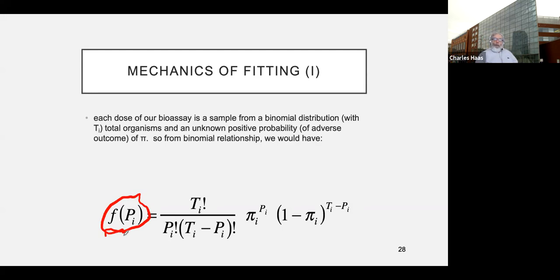Now, the principle of maximum likelihood is a well-enshrined statistical principle that says, well, if I really don't know what pi sub I is, then my best estimate is obtained by maximizing the value of pi, by finding the value of pi sub I that would maximize this probability.